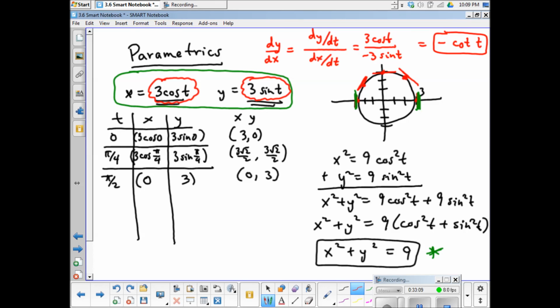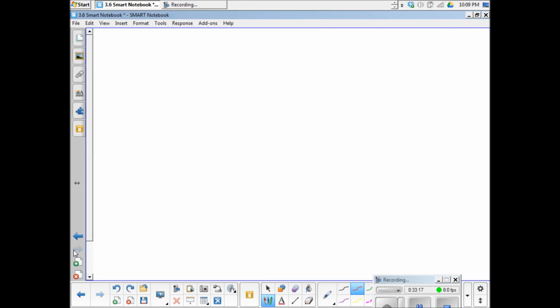And there it is. So this is a new rule. I'm going to go ahead and write it on the next page. You can pause it and copy that if you like. I'm going to move the page. Here's the rule. dy dx, if your function is given in parametric form, can be found by doing dy dt over dx dt.